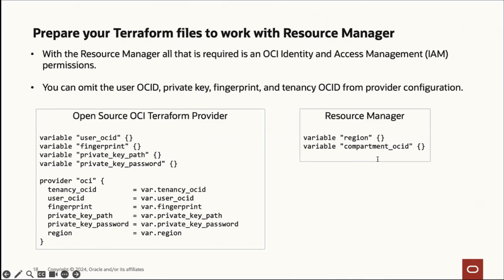With Resource Manager, since it's already native within the console, you're already logged in and authenticated. You really just have to provide the region and compartment OCID. You don't have to provide that whole provider block. Everything else in your stack will stay the same. So all the same configuration, all the same JSON and HCL will be the exact same besides this section.